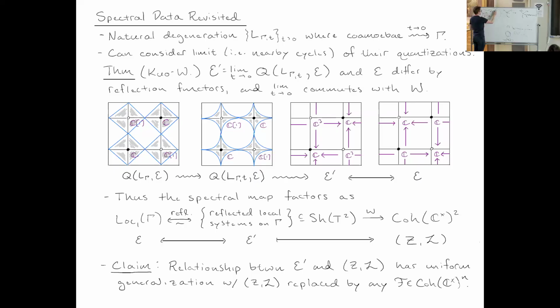In between these two arcs it will look rank 1, and then it'll be 0 right next to the puncture. So now this looks like the data of just a local system on the punctured surface, together with some kind of filtration data around the punctures.